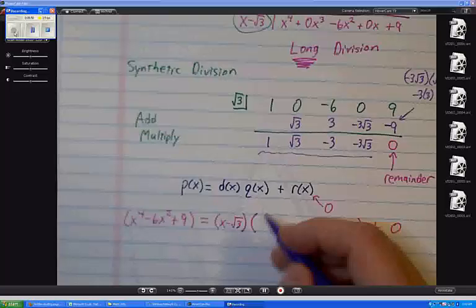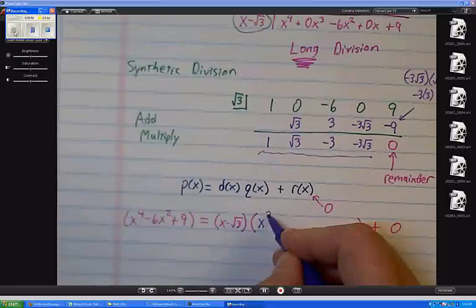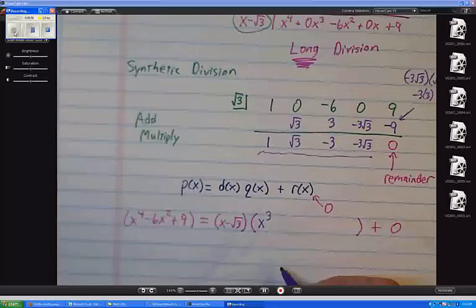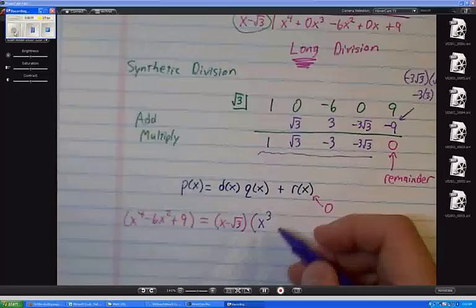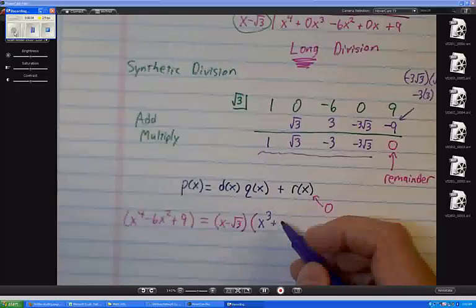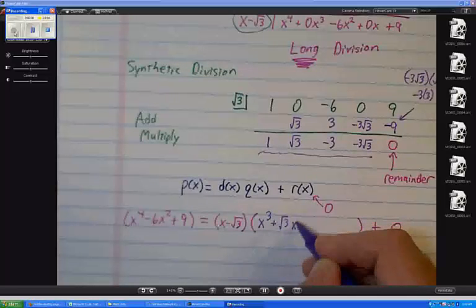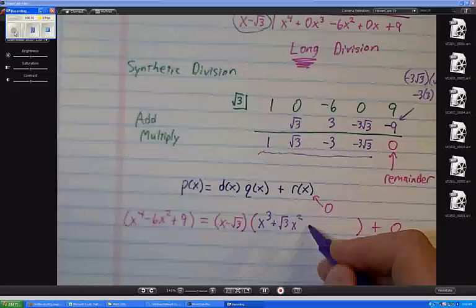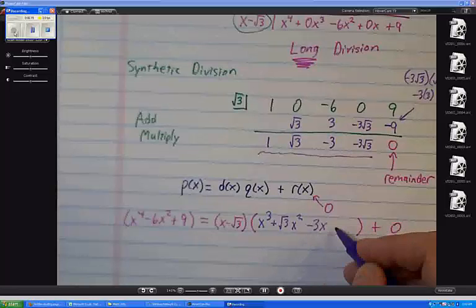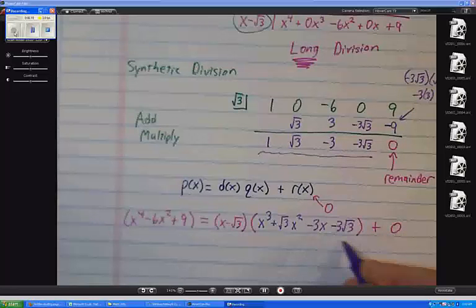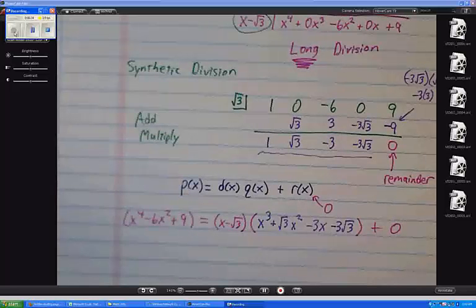It's going to be 1 degree smaller. Do you see that? Okay? So I get x to the 3rd plus, well, square root of 3 x squared. Then what? Minus 3x. And then what? What's that term called? The constant term. That's right. So this is what you can do with synthetic division.